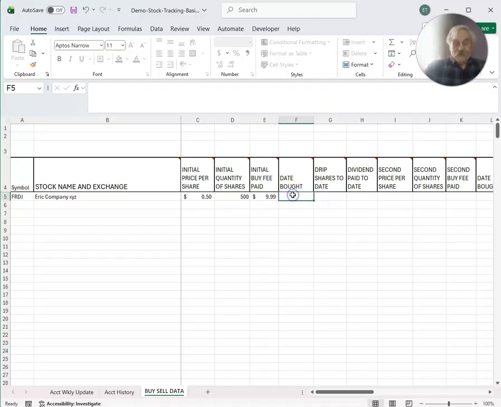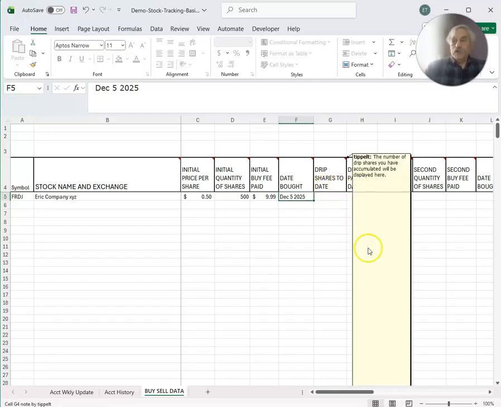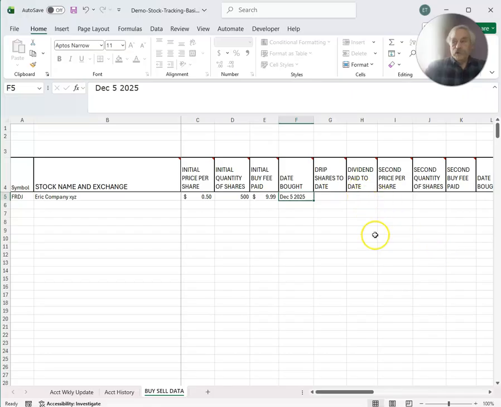Now you can enter the date that you bought it. Again, that's just for your records. Now you'll see the next one is drip shares and dividend shares. If you have dividend shares and you get paid and you get drips, you will have to enter those numbers in here yourself, and you'll have to do your own tracking.